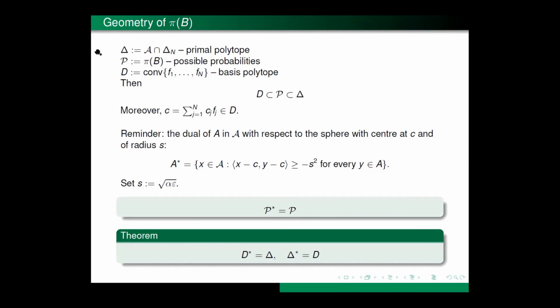Now it is denoted by P. It was also called Gplex in the slides presented by Wojtek. And what can we say about these two polytopes? Here is the reminder of what we mean by the dual set of A. Here we take the sphere which is centered at C, the probability distribution corresponding to the maximally mixed state, and the radius S is set to be the square root of alpha times epsilon.